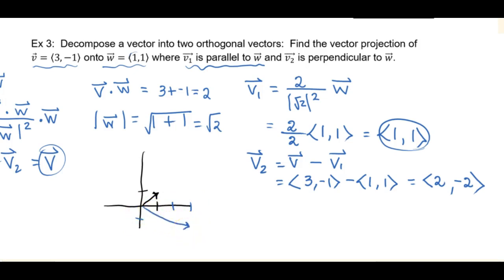So what we want to do is create some horizontal guy right here and then some vertical guy right here. This one's going to be V1 and this one's going to be V2. So we can see how V1 is the same thing as W, and we could see how this one will be over 2 and down 2 to get us V2. So it's working.